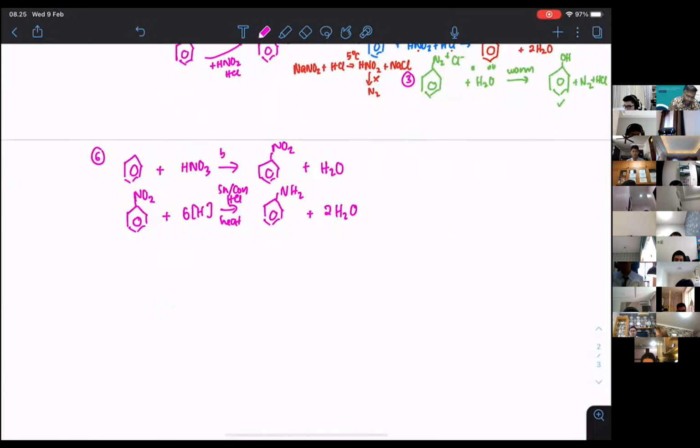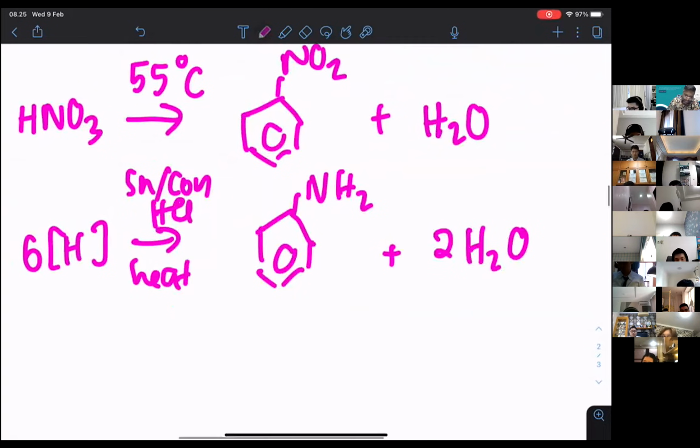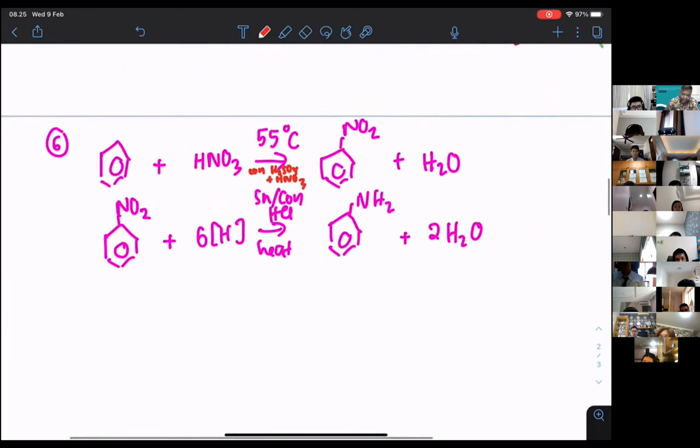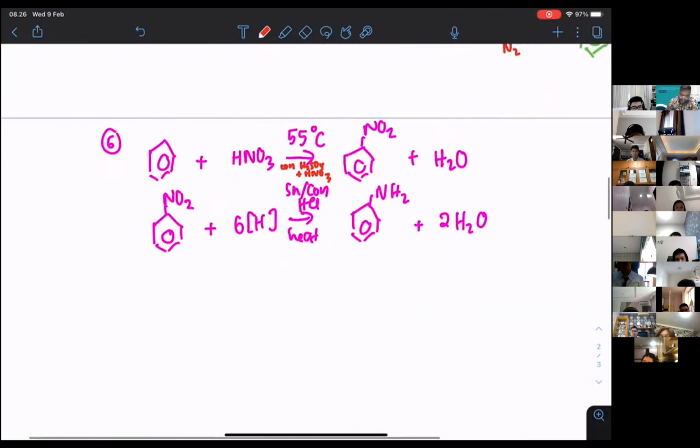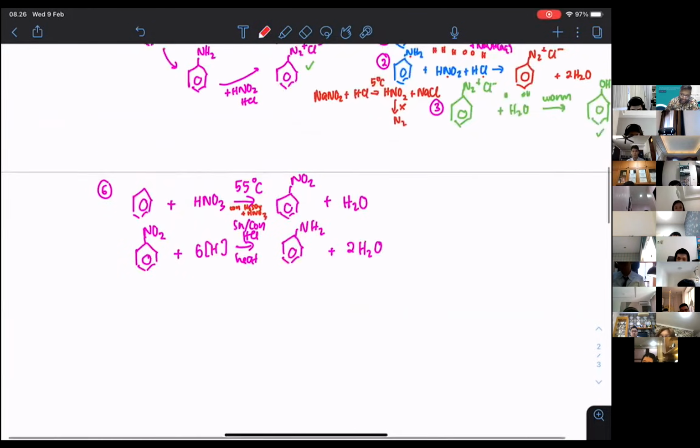Please refer to all the previous equations. This one is at 55 degrees Celsius, with concentrated H2SO4 and concentrated HNO3. Once you get this, you are going to get the phenylamine.